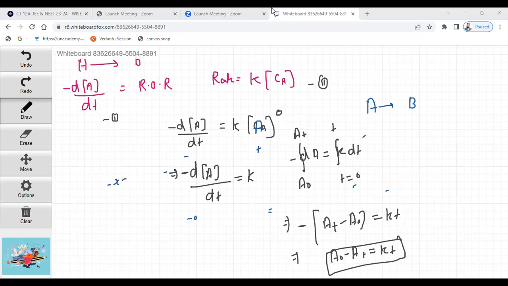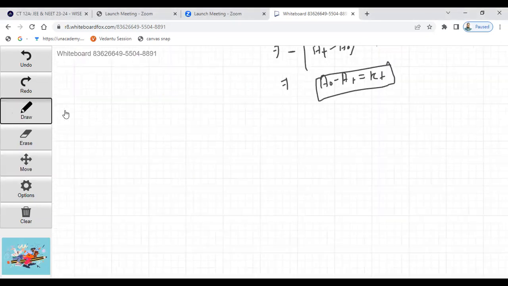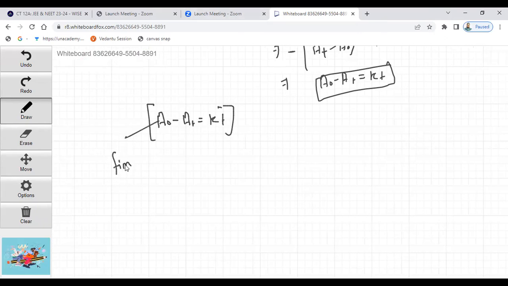Okay, the final formula you will get is A naught minus At is equal to k into t. You only need to revise this formula, you don't need to revise the integration part. A naught is the initial concentration.